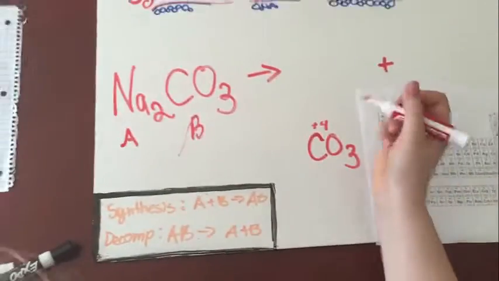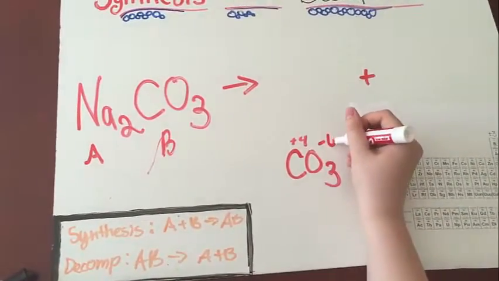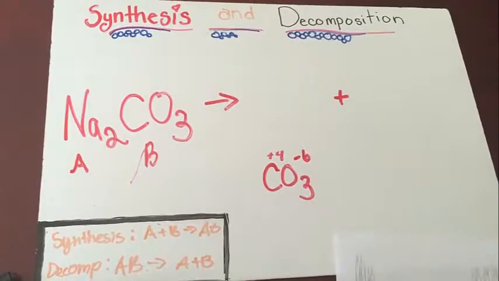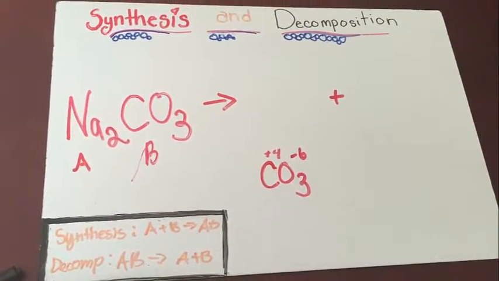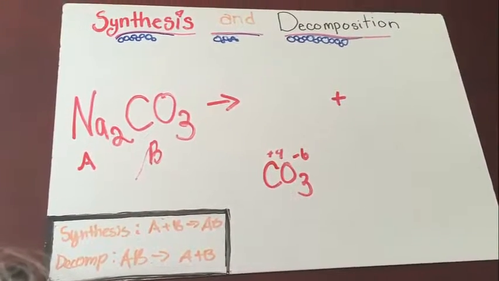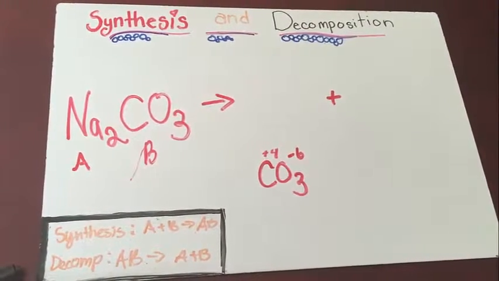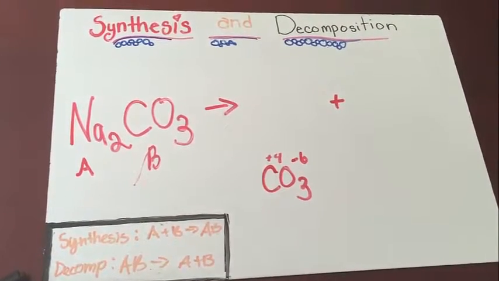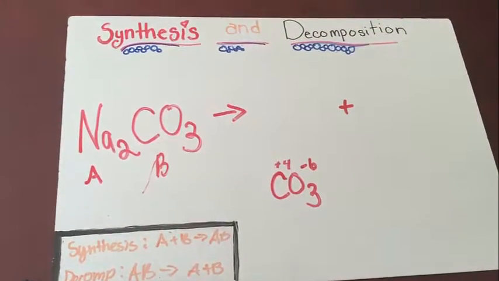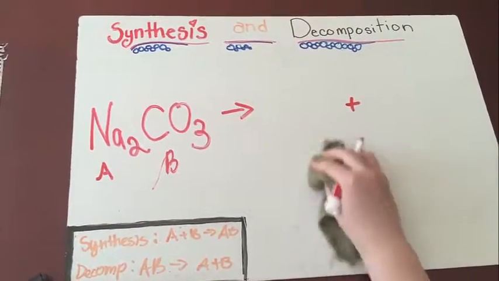But since we have 3 atoms, it's going to be -6 because 2 times 3 is 6. And now we can tell that 4 plus -6 equals -2. So this is a charged compound with a charge of -2. So that means it cannot be one of our products.